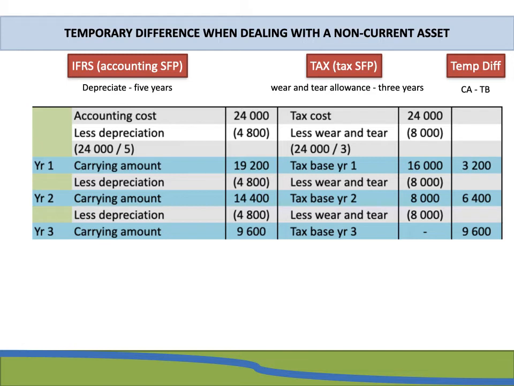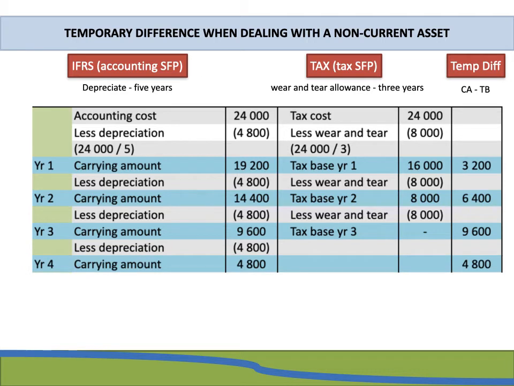Then when we calculate our temporary difference, it will be the 9,600 minus the 0 for our tax base, giving us a temporary difference of 9,600 Rand. In year 4, we will have a carrying amount of 4,800 Rand. So now our temporary difference is starting to decrease, and now our temporary difference is only 4,800.